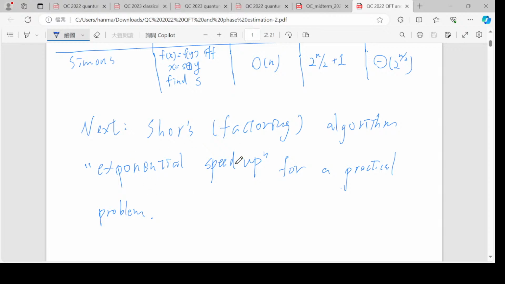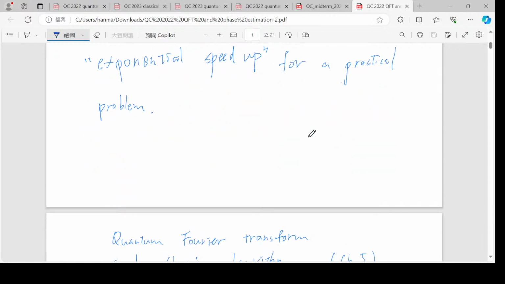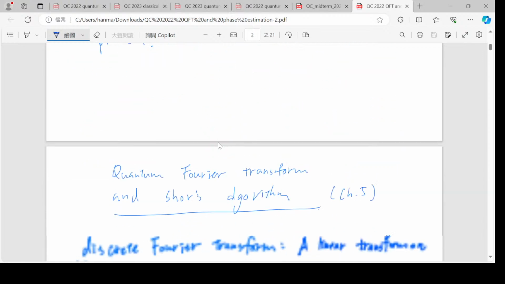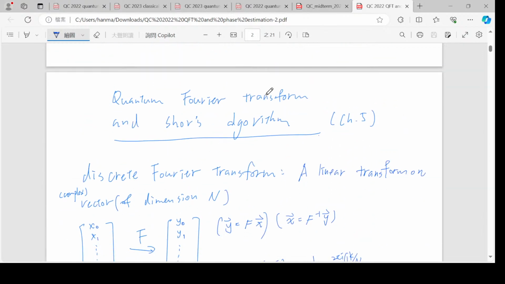But anyway, let's see how we do Shor's algorithm. Shor's algorithm is very complicated. It has a lot of different components. And now we go into probably the core part of Shor's algorithm, a technique called the quantum Fourier transform. It's a quantum algorithm for doing the Fourier transform.